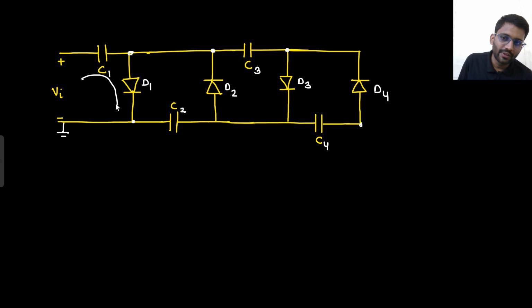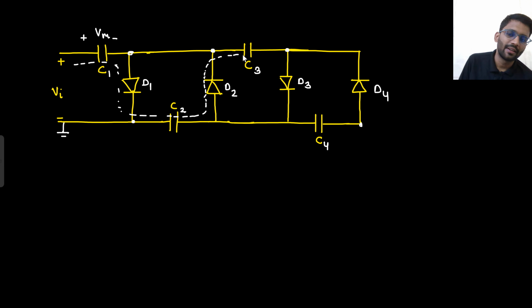This D1 will turn on, it will drive in this direction. That means C1 will be charged in this direction. Then D2 will turn on, it will charge in this direction. Then D3 will turn on, it will charge in this direction. And D4 will turn on and it will charge in this direction.